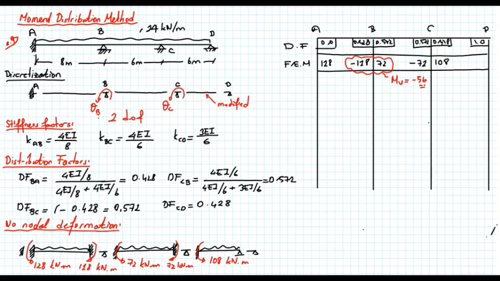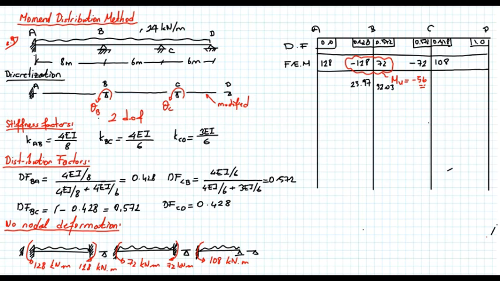43% of this 56 will be resisted by member AB. So I'm multiplying 56 by 0.428. That will give me a moment that's equal to 23.97. And the rest will be resisted by member BC. So 56 times 0.572 is 32.03.